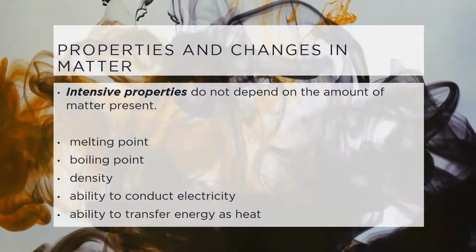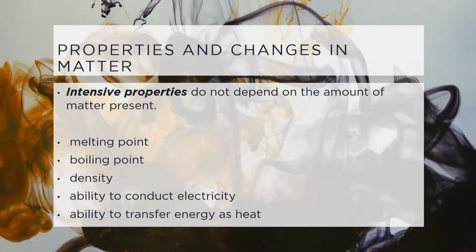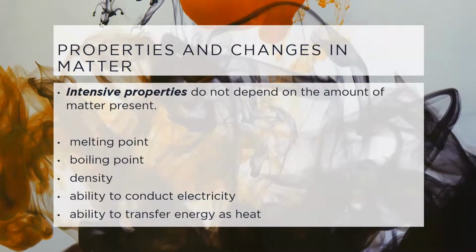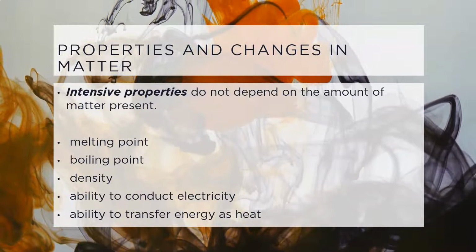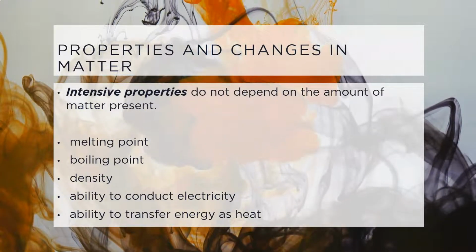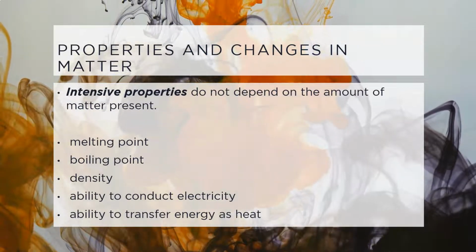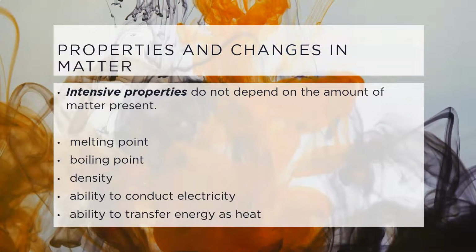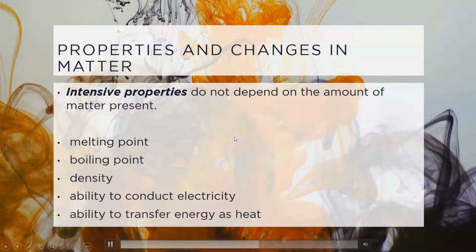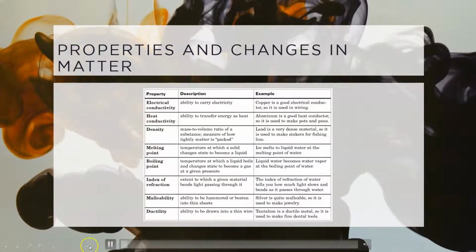So copper will always have a particular density. Aluminum will always have a particular density. Again, unless the temperature changes, that density is something that we are sure of. It doesn't depend on how much I have. Same with conductivity.